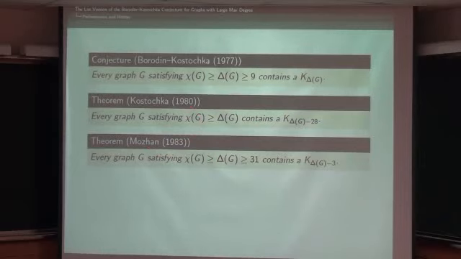So 3 years after that, Mozhan proved that, if you give some slight condition that delta has to be at least some big constant, then you can guarantee a clique of almost size delta, but there still exists this constant. So there seems to be some trade-off between having a condition that delta needs to be sufficiently large and guaranteeing a clique of big size.